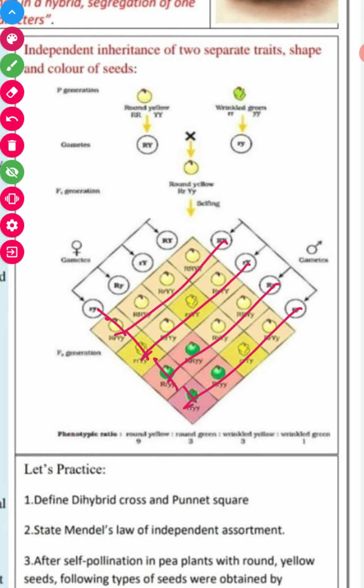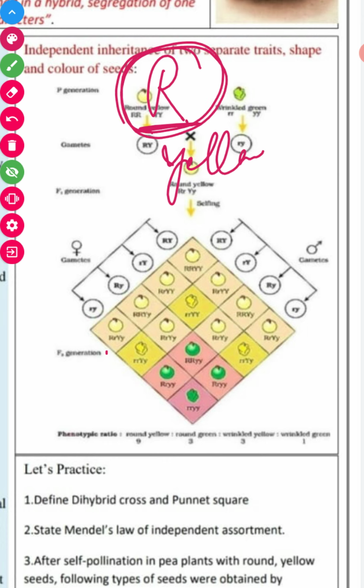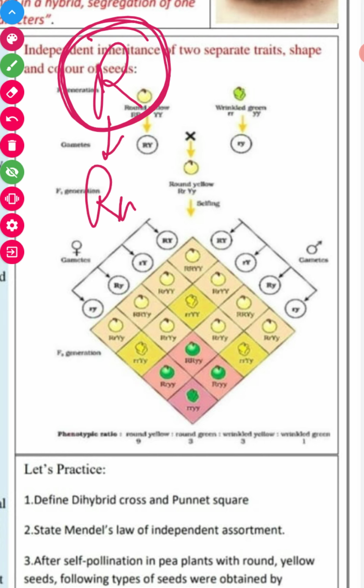See the combinations we have. Wherever there is a capital R, because it is dominant, the shape of the seed is round.